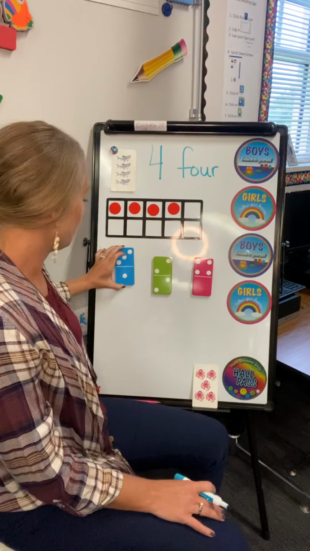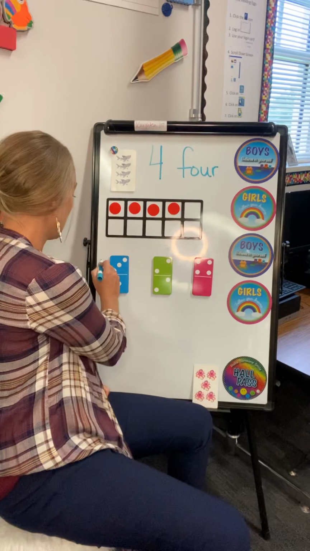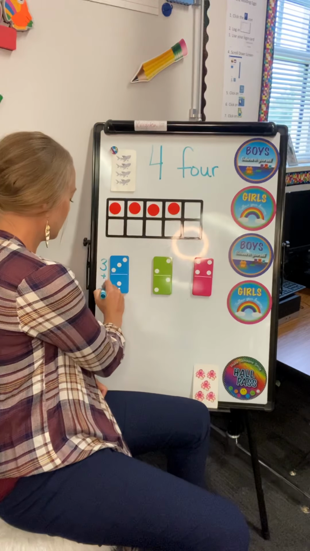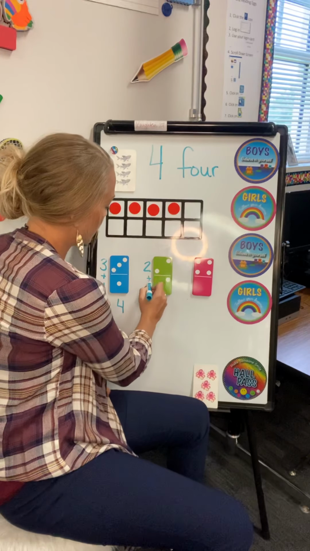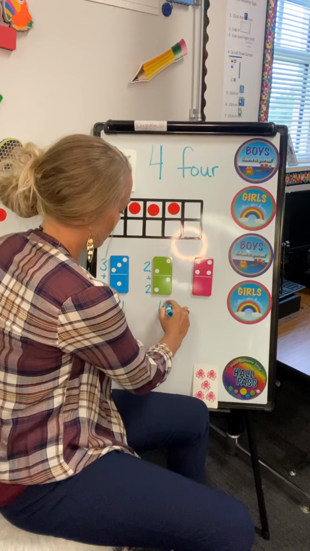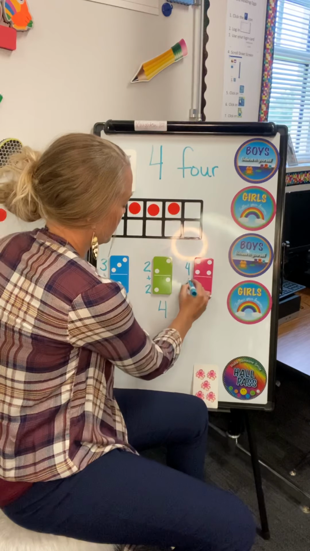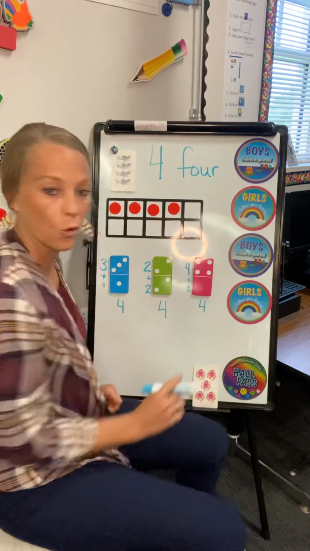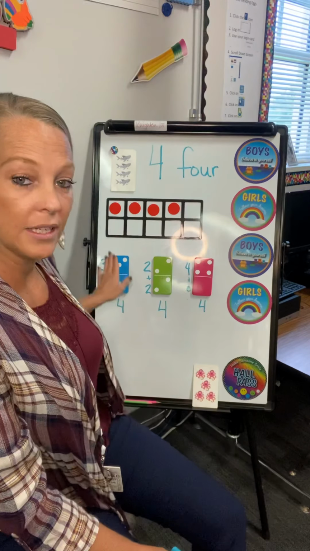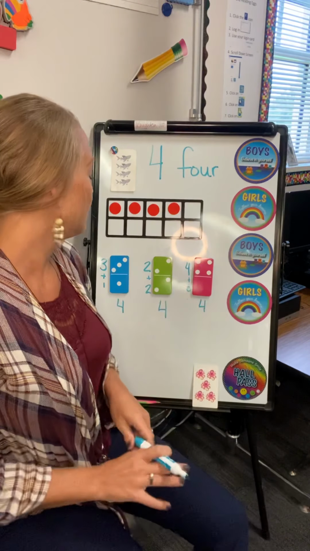So if I'm going to show this, I can say 3 plus 1 equals 4. 2 plus 2 equals 4. And 4 plus 0 equals 4. So there are different ways to come up with the number 4.